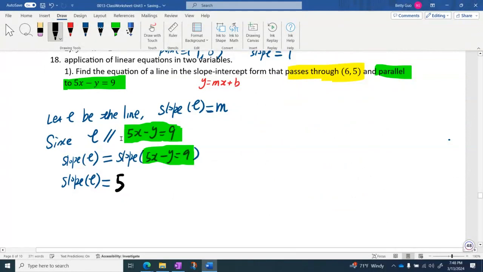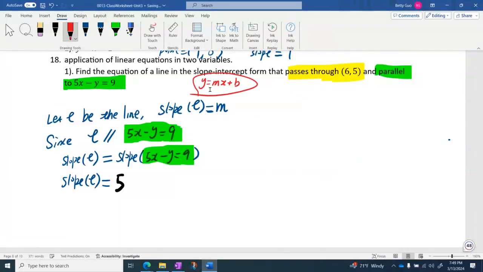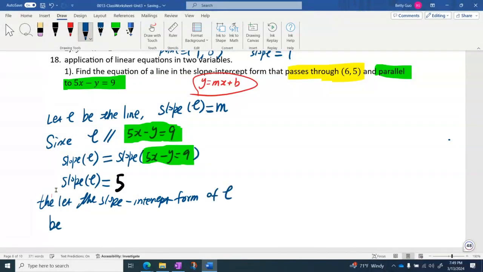Now I'm going to use the method. Let me finish this and then we go. Since we're looking for the slope-intercept form of the equation, let the slope-intercept form of L be y equals mx plus b.